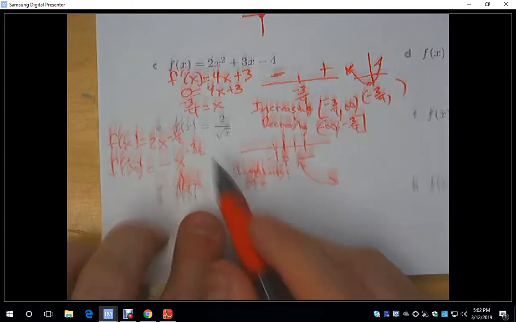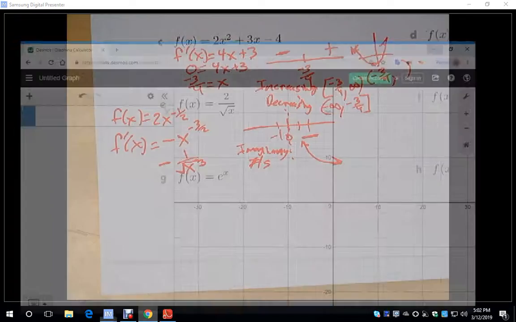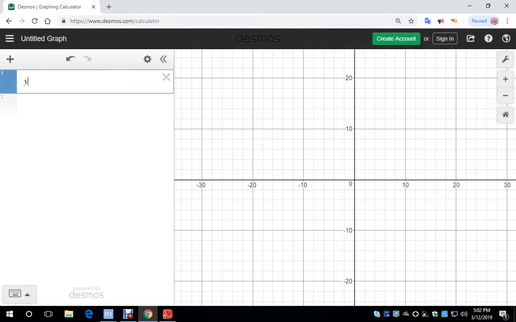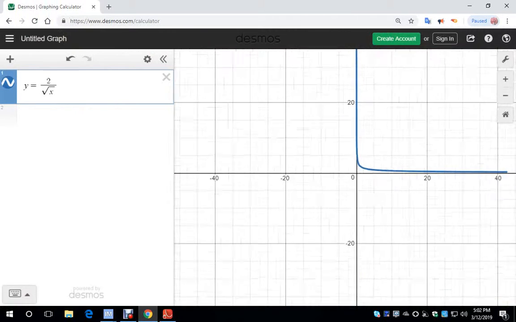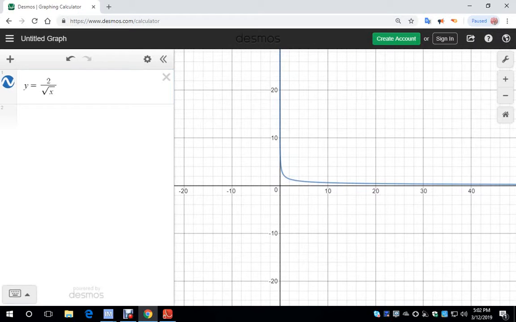So I want to throw this into our calculator just to take a look at what this would actually look like. So if I have y equals 2 over the square root of x, yeah, that's all we have. We have this one piece of, it looks like a hyperbola with a vertical and horizontal asymptote.